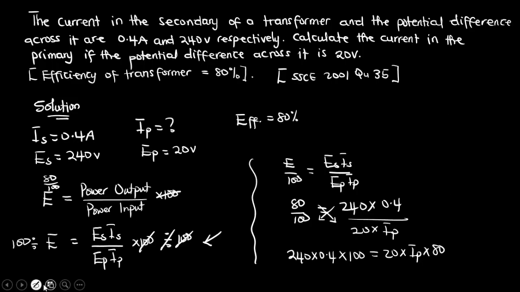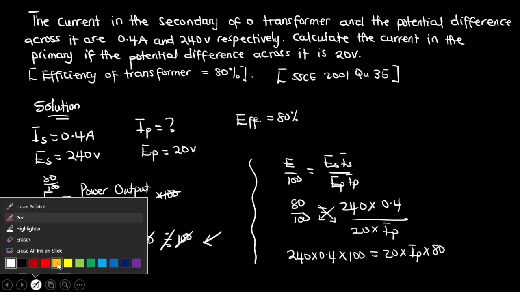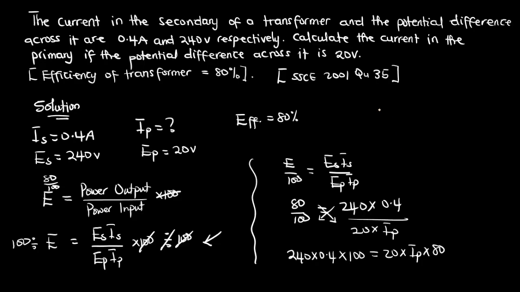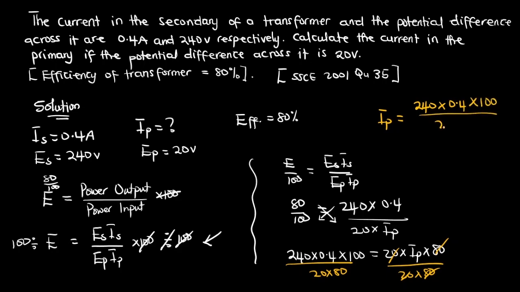So to find my IP, my IP will be equal to all of this divided by 20 multiplied by 80. So my IP is equal to 240 multiplied by 0.4 multiplied by 100, divided by 20 multiplied by 80.